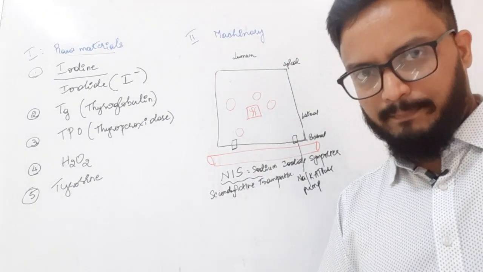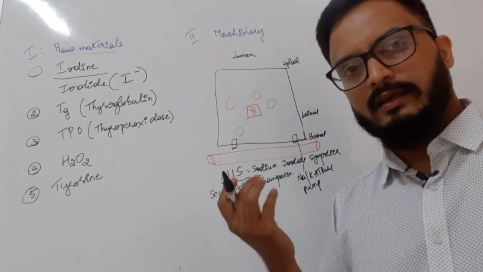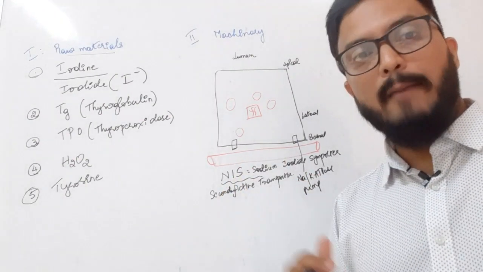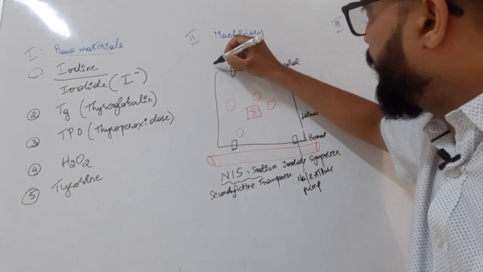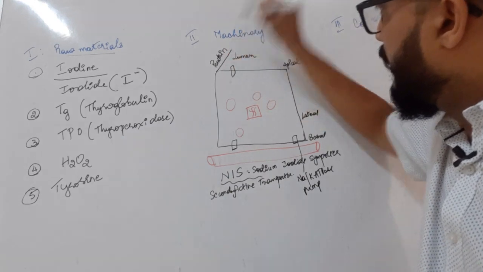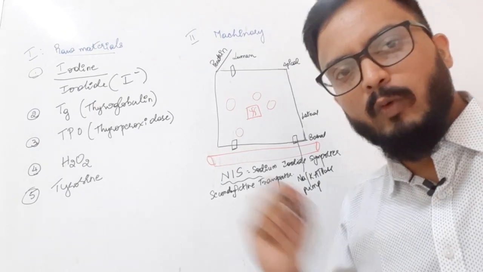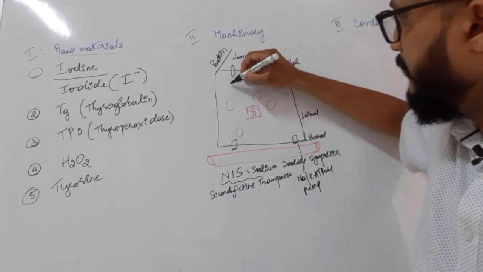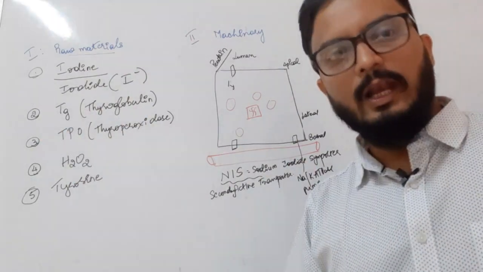the follicular cell. The second important transporter, which is present on the apical surface, is referred to as pendrin. It is an anion transporter which helps in the movement of the iodide, which is taken in intracellularly, to the lumen.